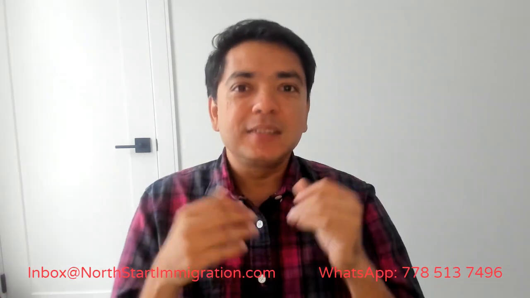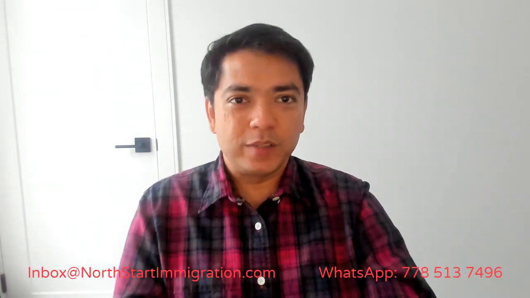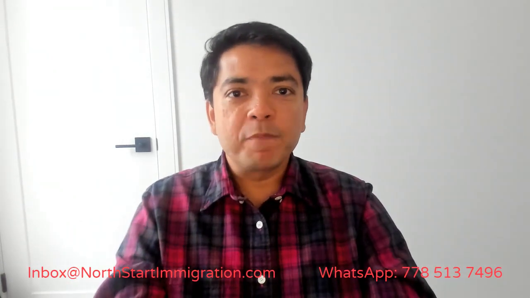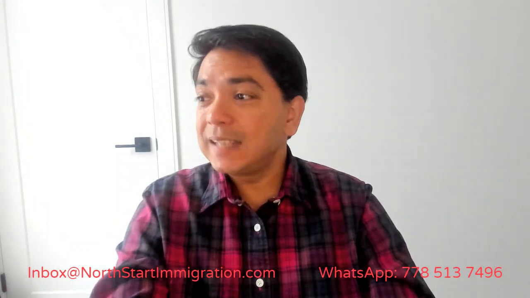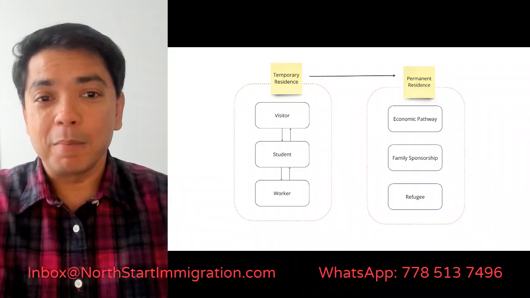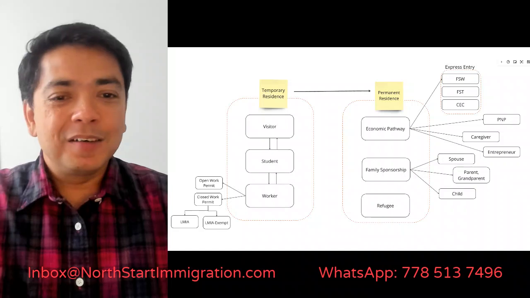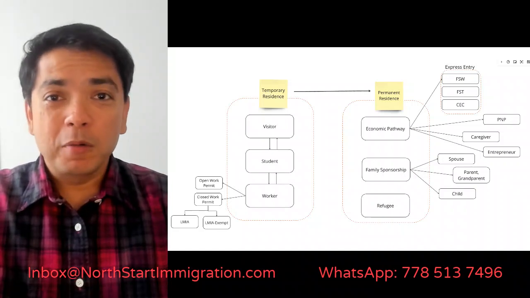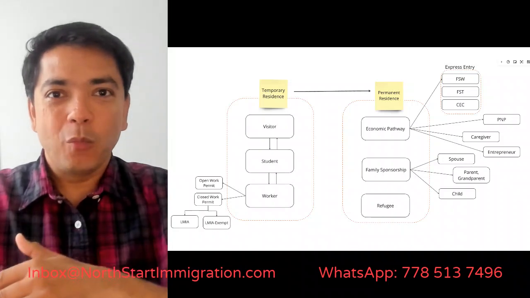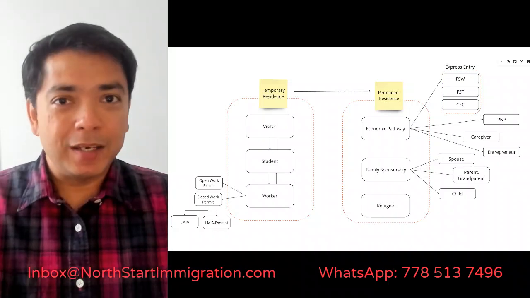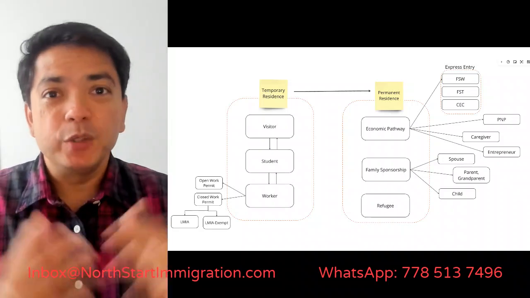Now, there are several categories, subcategories, programs within each of these buckets. So, for example, I'll just give you a very brief example of how complicated this can become. Let's look at this diagram again. Now, under temporary residents, if you look at the worker category, you might come here on an open work permit, which is basically independent of any employer. No employer is sponsoring you to come to Canada.